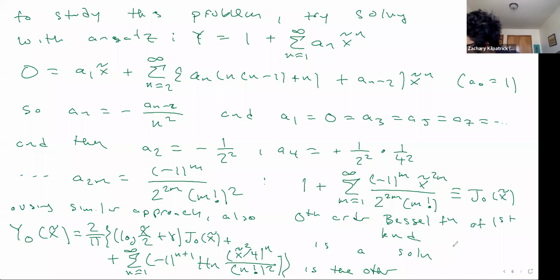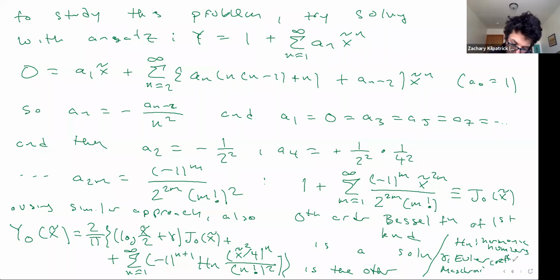So H_n are the harmonic numbers, and gamma is the Euler-Mascheroni coefficient.